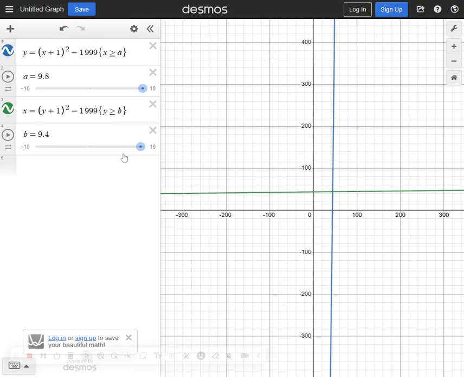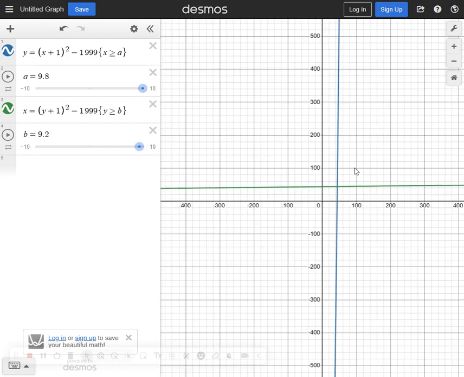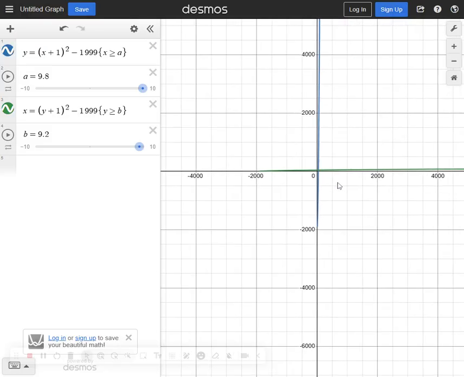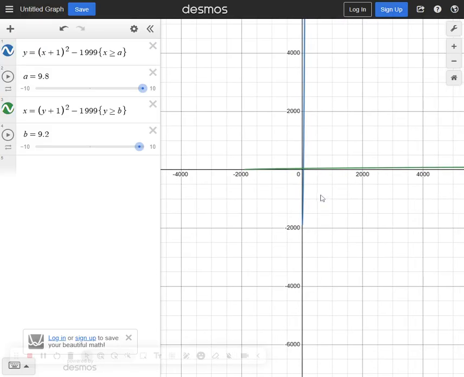So what happened to my graph? This is 199, so it should be here. Okay, that's it restricted. So this is a U shape.